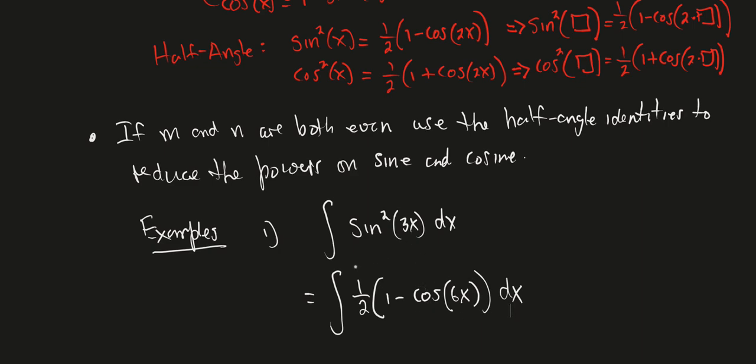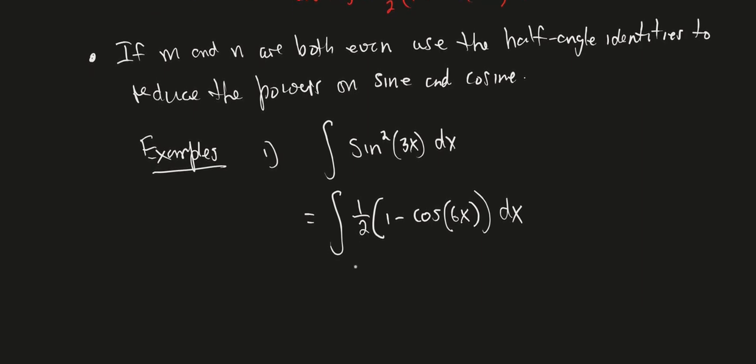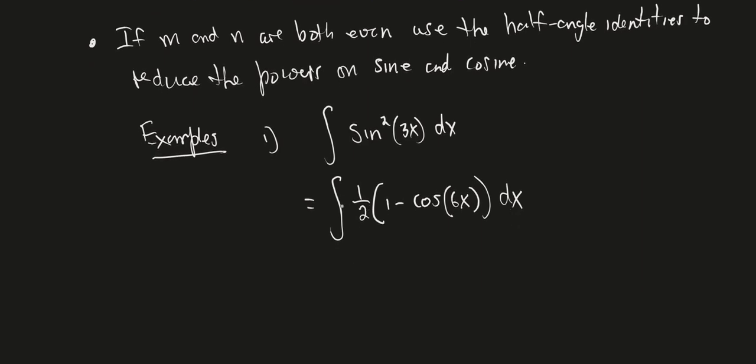And now we can proceed with actually doing our integration. So take out the 1/2, and we're left with the integral of 1 minus cosine of 6x dx. And then, so we have a 1/2 there, and the antiderivative of 1 is x. The antiderivative of negative cosine of 6x is negative 1/6.